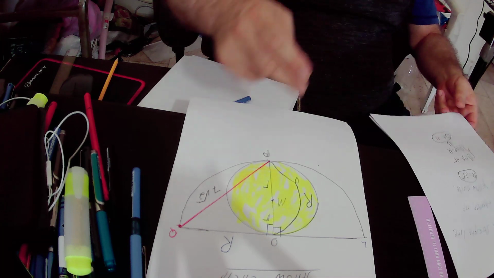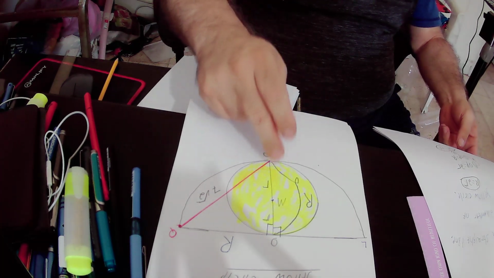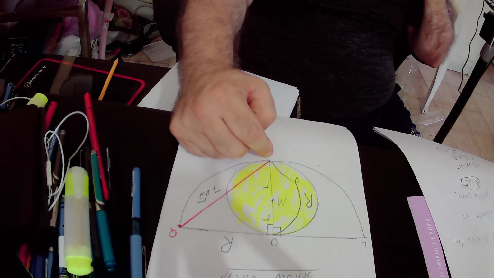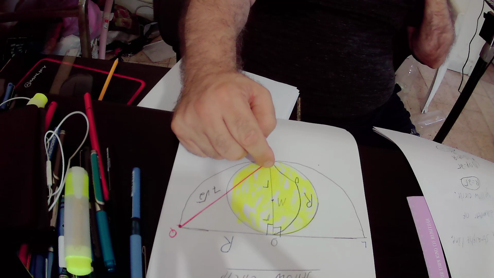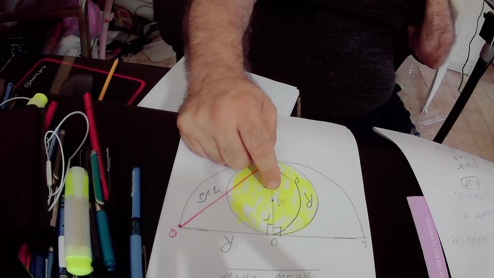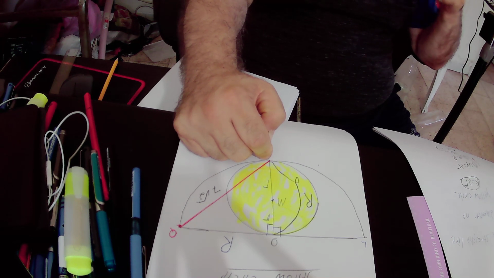And actually, PO is the diameter of the yellow circle, because MP is also a radius of the yellow circle, since it exits from the center of the yellow circle and ends at point P, that is a point on the yellow circle.